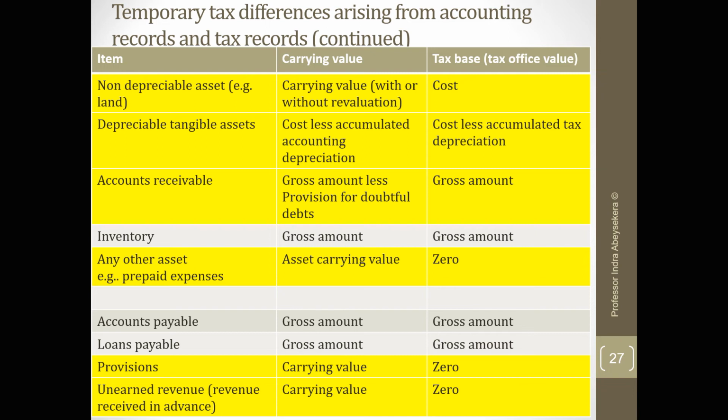Although revenue received in advance is cash, that cash has already been assessed in the previous period but is sitting there on the balance sheet. But in this reporting period, the tax base for that liability is zero.